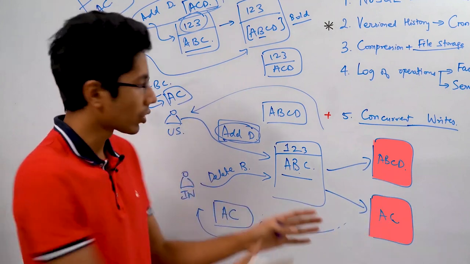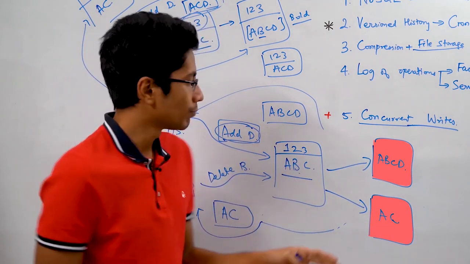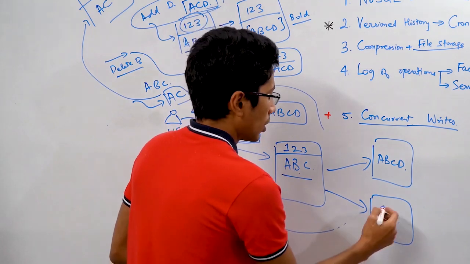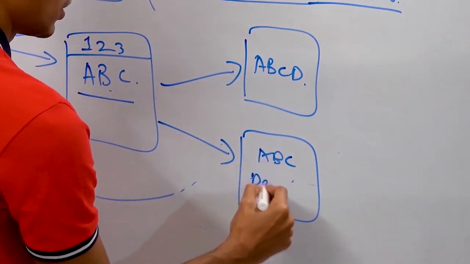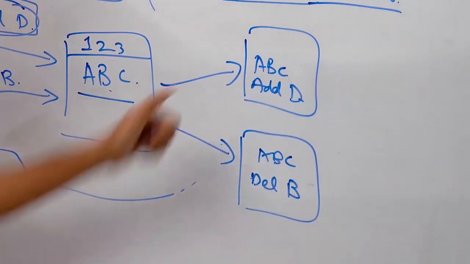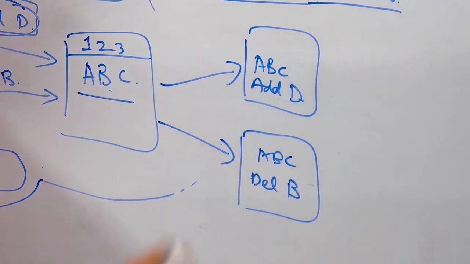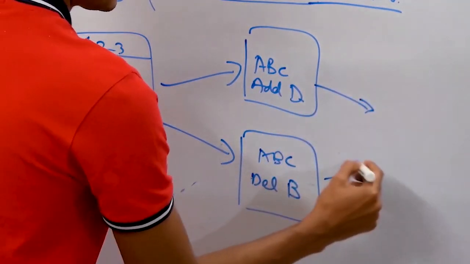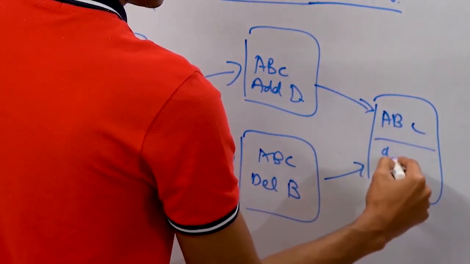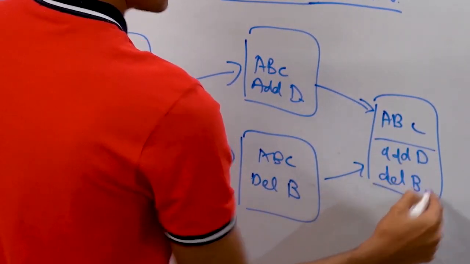It's not going to make an entire copy, but conceptually this is what is happening. Basically, there are two operations that you have. So ABC with delete B and ABC with add D are the two copies of the document that you have. Eventually, these two documents have to merge into a single document where ABC, add D and delete B go through.